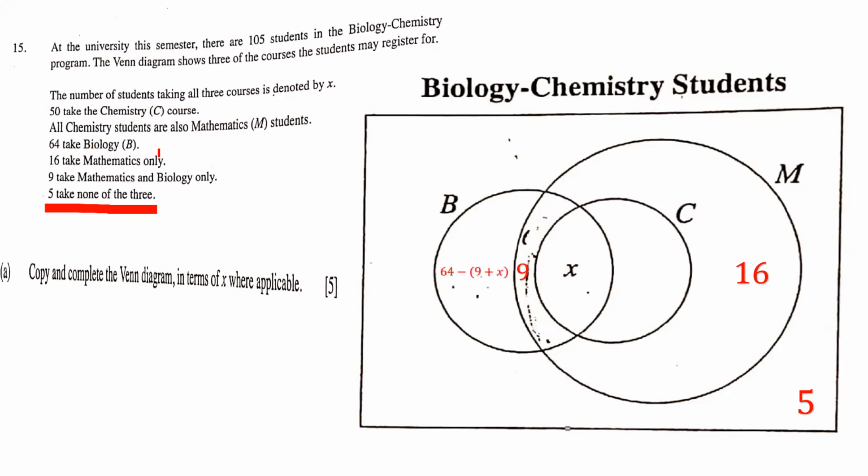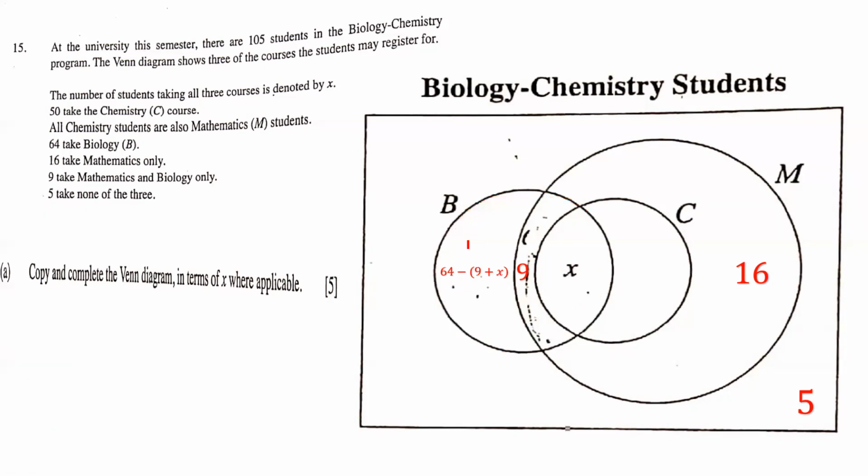So 64 take biology. So that means that if we look carefully, biology is this entire circle, right? So this entire circle is biology, the whole thing. So if 64 in total take biology, if we want to figure out what this side is, we got to subtract these 2 from that. So 64 minus 9 plus x is going to be this one. Let me explain that again.